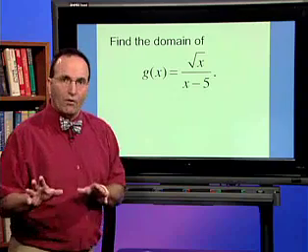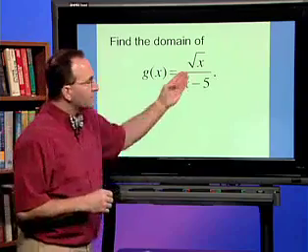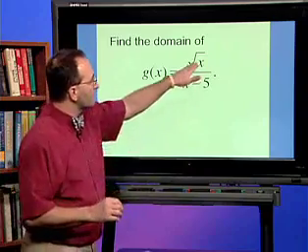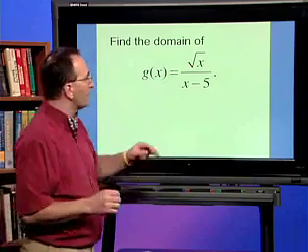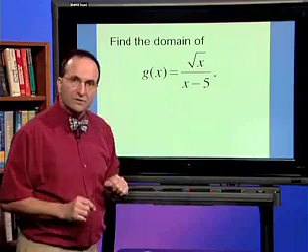So therefore, if we take all of that knowledge together, x itself has to be 0 or positive because of the numerator, and x can't equal 5 because it would make the denominator 0.